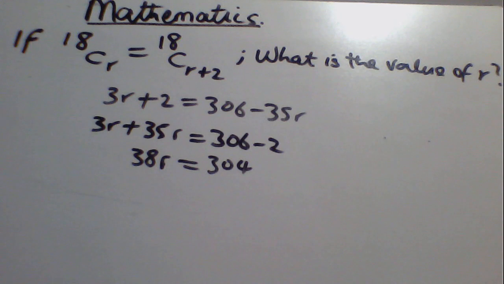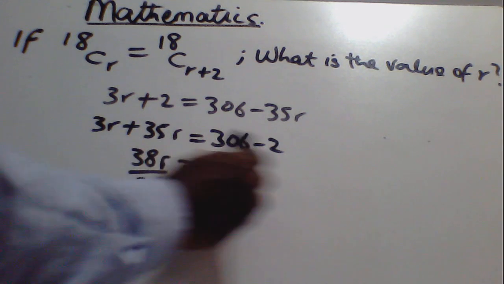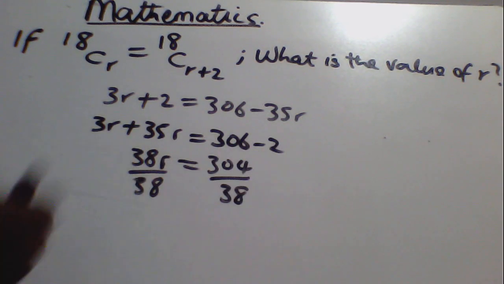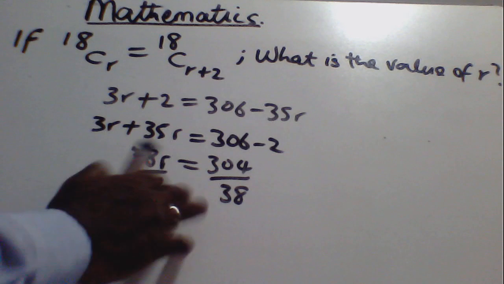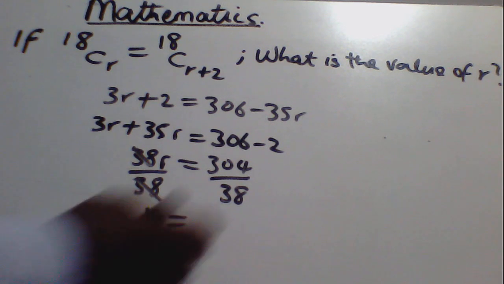Once you arrive at this, you have to make R the subject of the formula by dividing both sides by 38. That 38 cancels, giving us R. 304 divided by 38 is what? Punch your calculator. That gives us 8.